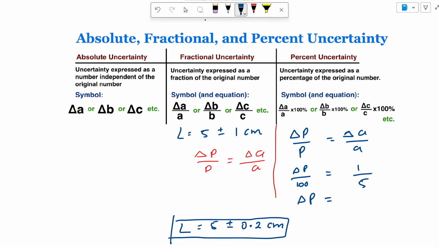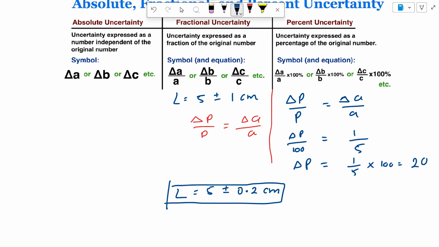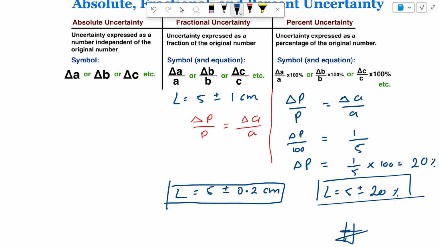Delta P is equal to 1 over 5 times 100 is equal to 20%. Our percentage uncertainty would be L is equal to plus minus 20%, and that is your percentage uncertainty. And with that, we conclude our explanation and move to the past paper questions.